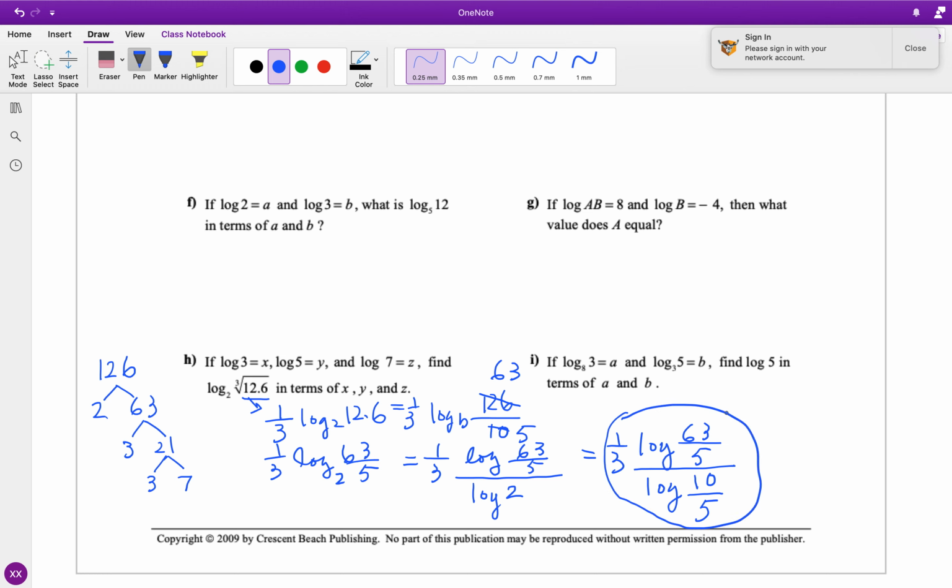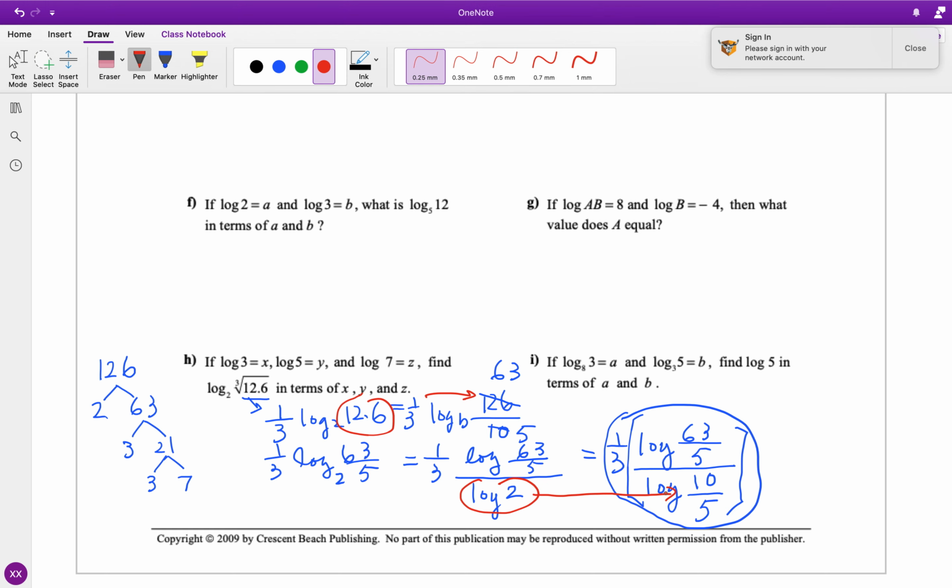Hopefully you guys have the patience to gradually open this up using the quotient rule, and don't forget there's also the 1 over 3 in front, and you should be perfectly fine. The main point of this question is to think of this one as that, and the next one is this log 2. The log 2 is not given, but I can change it to that. So these are the two key points of this question.